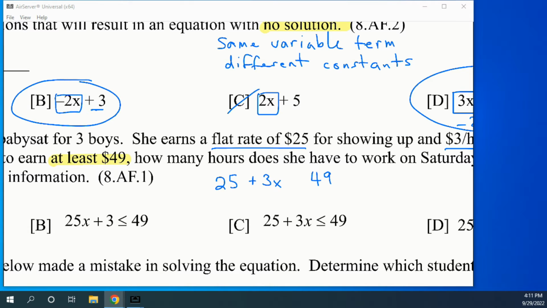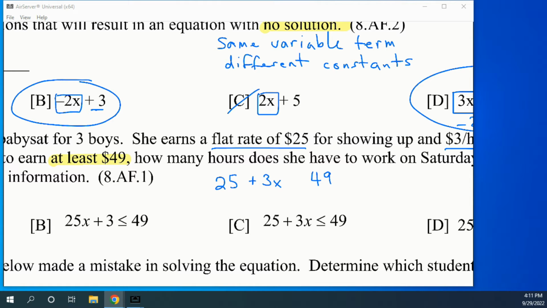If she wants at least $49, think about whether it is okay for her to get more than $49, or is $49 the limit we can't go past? If I want to earn at least $49, I'm okay with 49, but I'm also okay with 59.